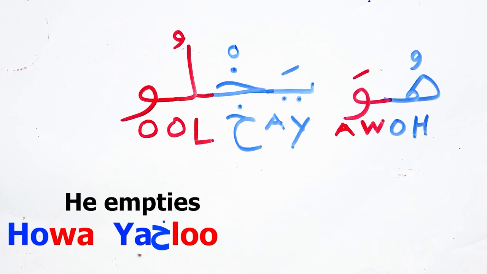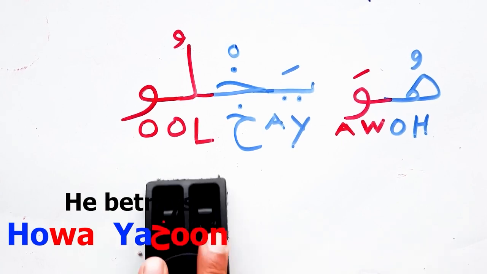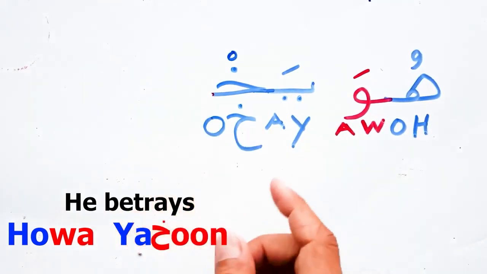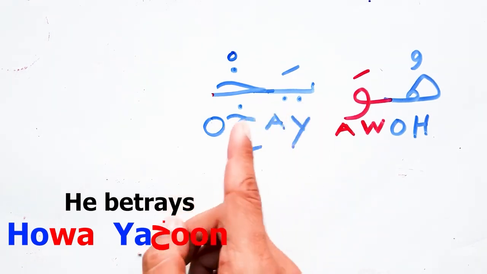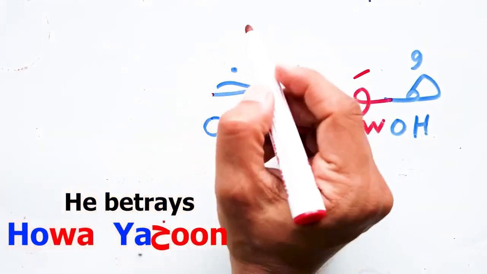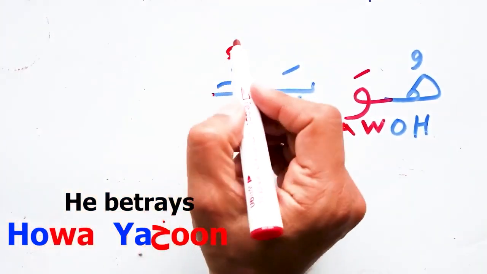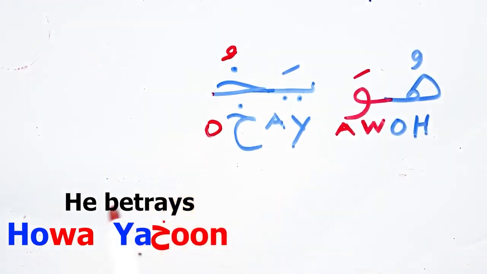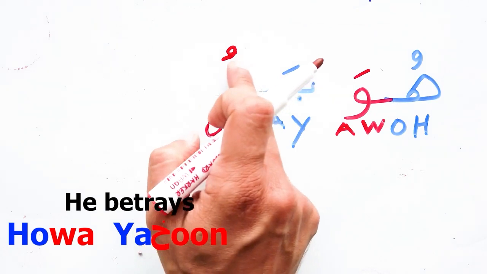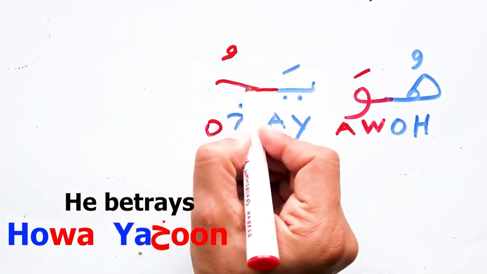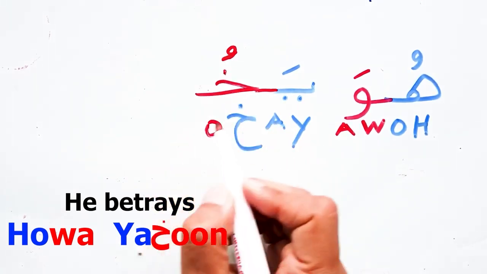هو يخون. So I'm gonna remove this part and I say, pay attention, yakhu. I say what? هو يخو. So we have dhamma here. This is not sukun. This is the sound of what? Of O. Like this. And I'm gonna remove the letter and I will write it again in red because now the letter is in another syllable.